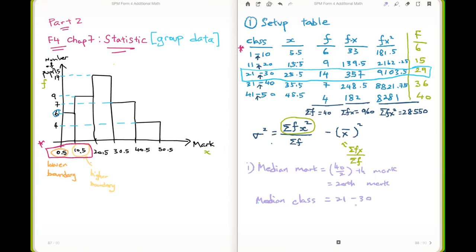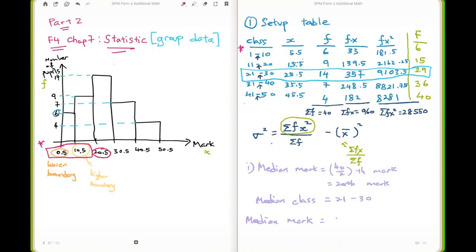And for the median mark, in the equation, you refer to my first video, they will have given you the general equation. That would be lower boundary. Here, lower boundary would be 20 and a half.